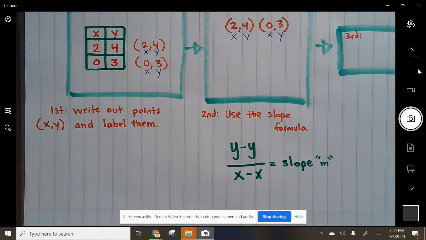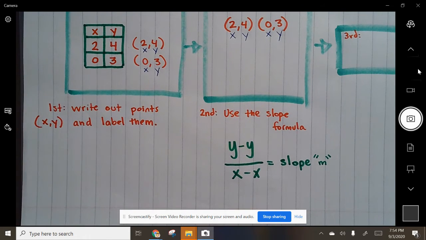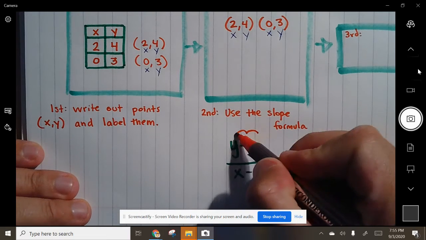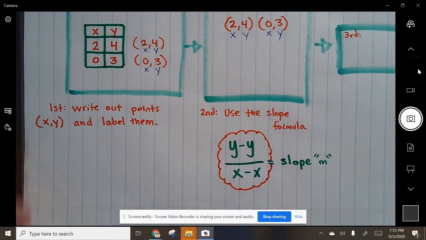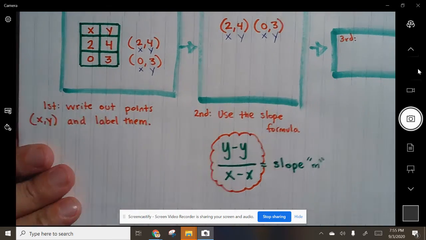Okay. So the formula is y minus y over x minus x. And that'll be a way to find slope mathematically.